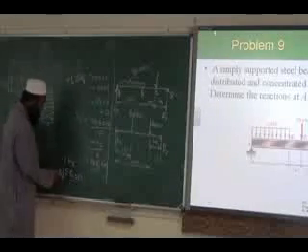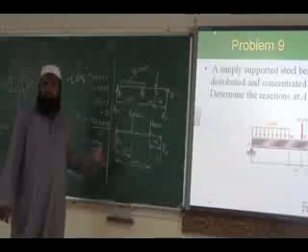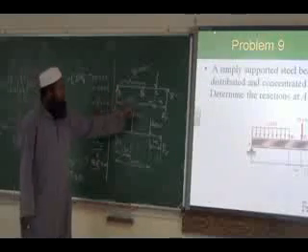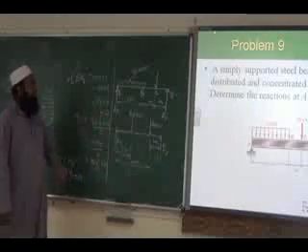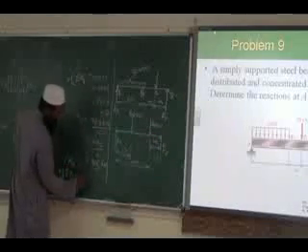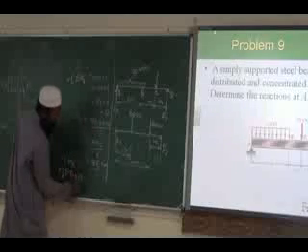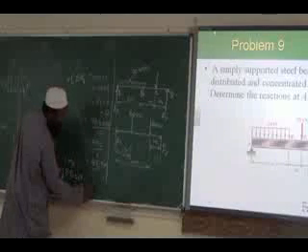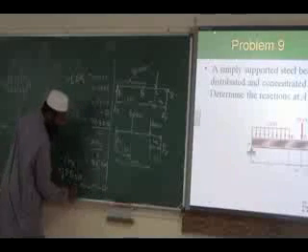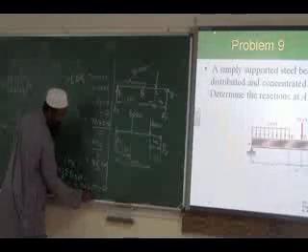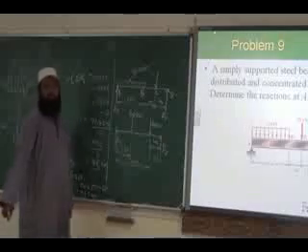Anyway, you can take any convention. The downward force is positive, upward force negative. You consider the sign convention and add up. So this will be 60 kilonewton plus 50 minus 58. 68 kilonewton.